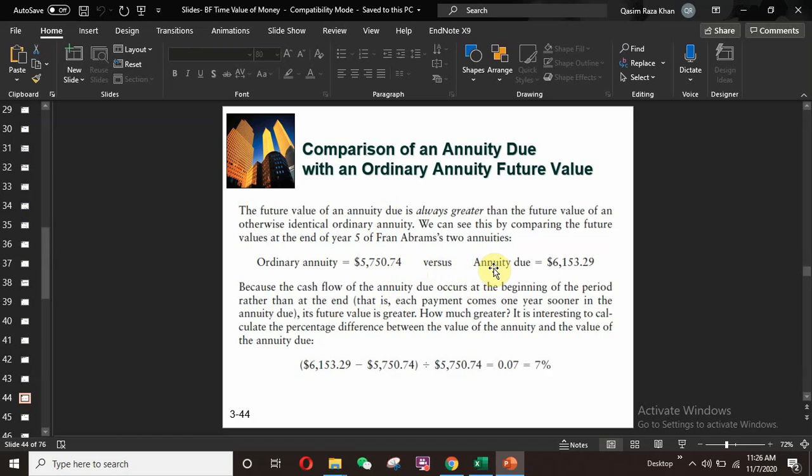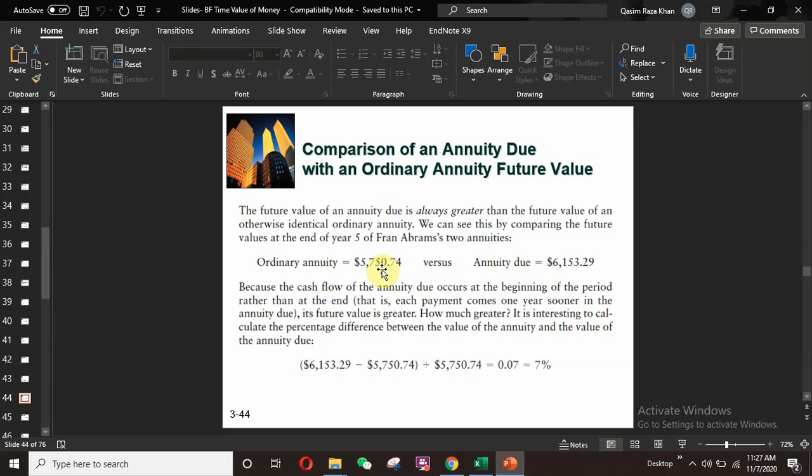In annuity due, we deposit the payment at the start of the year, and in ordinary annuity we deposit the payment at the end of the year. So in this investment plan, your cash flows are utilized 1 year more compared to the other method, and that's why this method always generates more cash flows, more future value, compared to ordinary annuity.